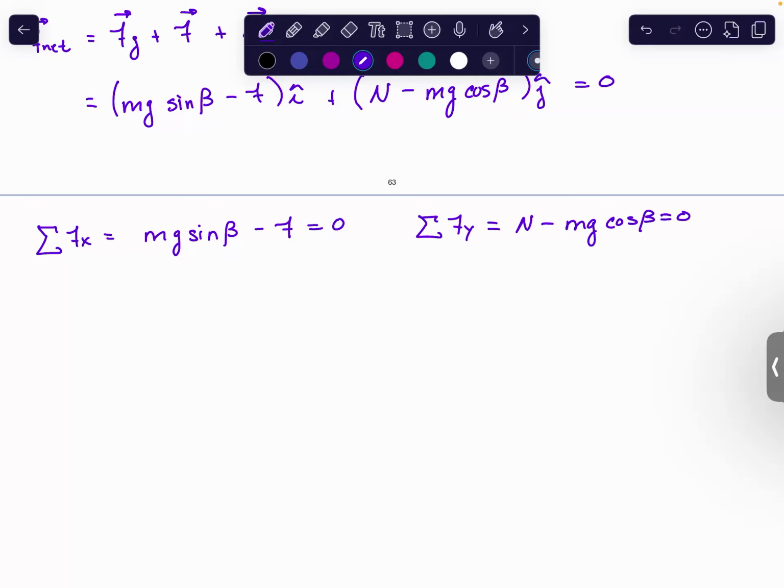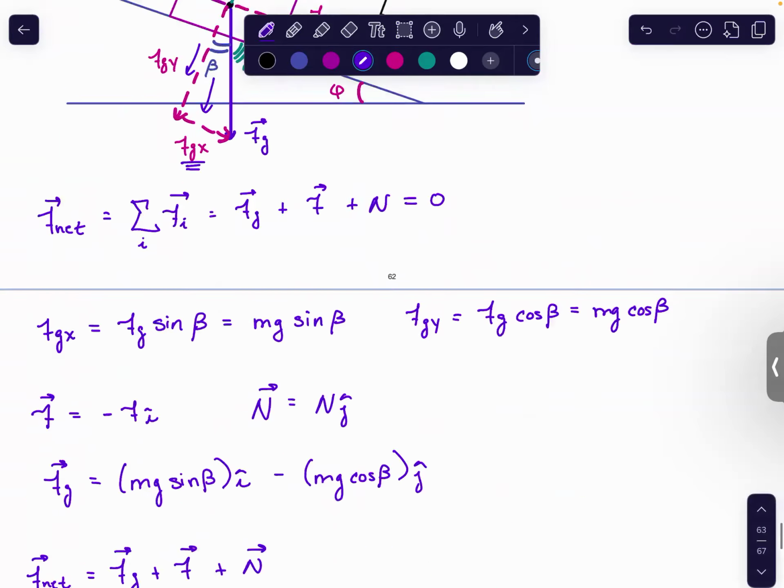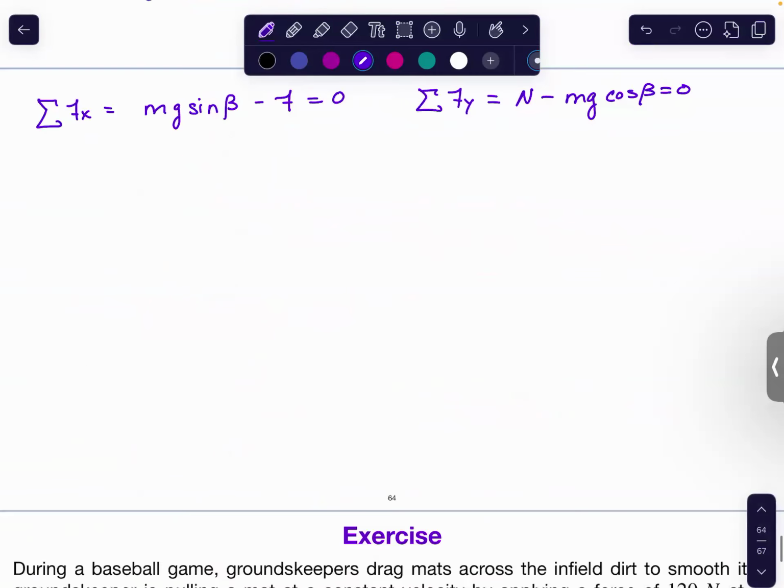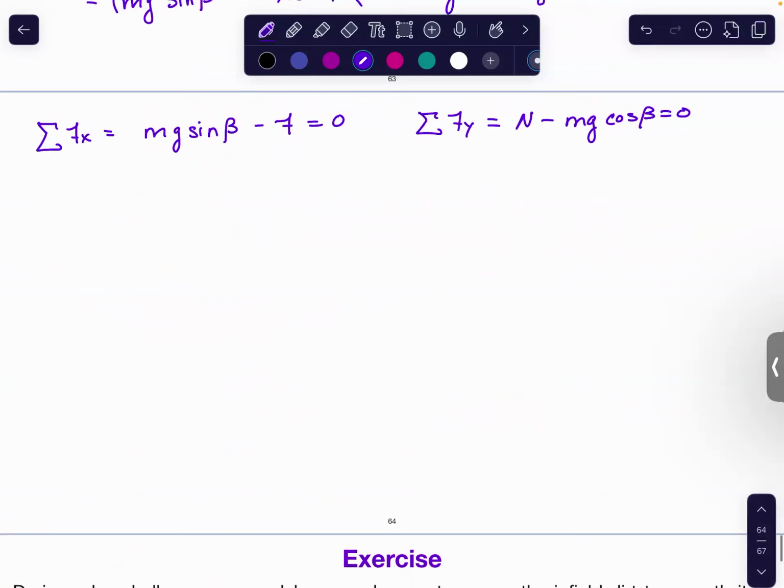And then, let's say, for example, you were only given angle phi. Because these are all in terms of beta right now, can we end up relating this to phi through beta? Well, if we think about our triangles, and you can look at the free body diagram to see this, all the angles of a triangle add up to 180 degrees.